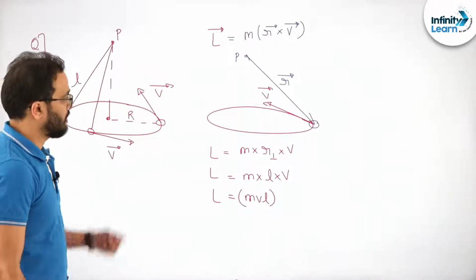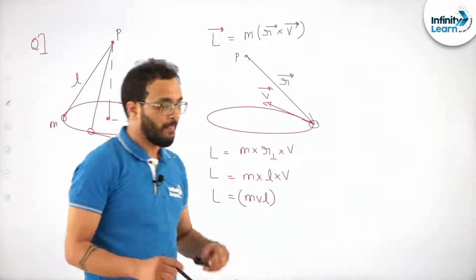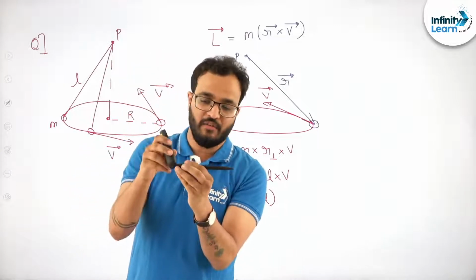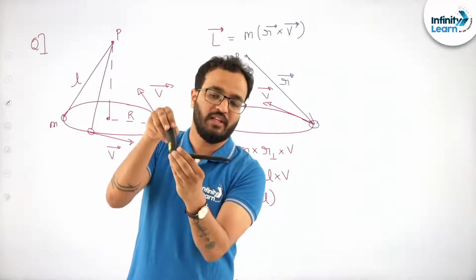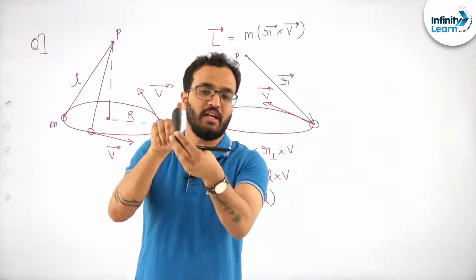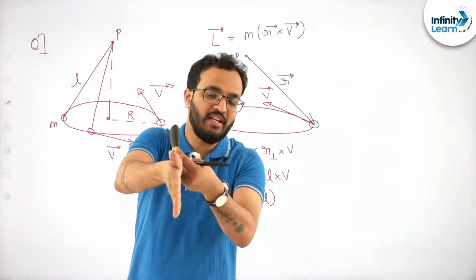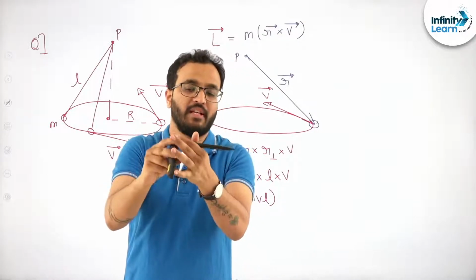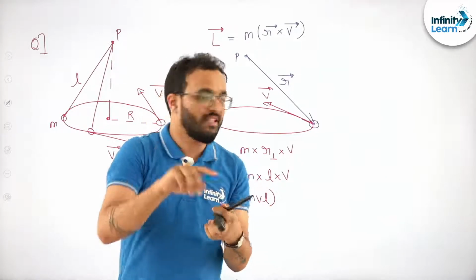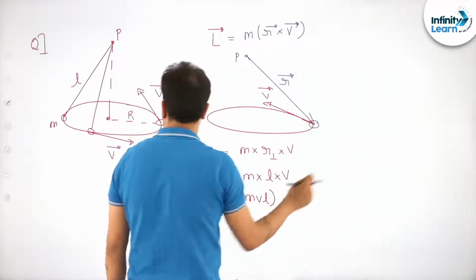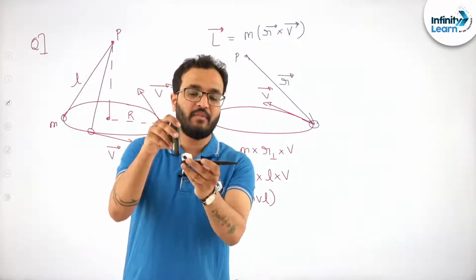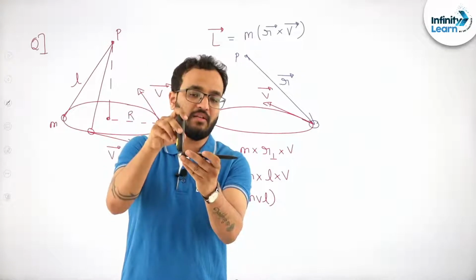Now what is the direction? This is something very important here. If this is vector v right now, and this is your vector r, extended, then when you do r cross v, look here, this is vector v, this is vector r, so it will go like this.